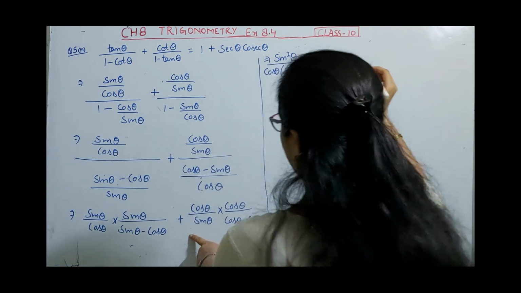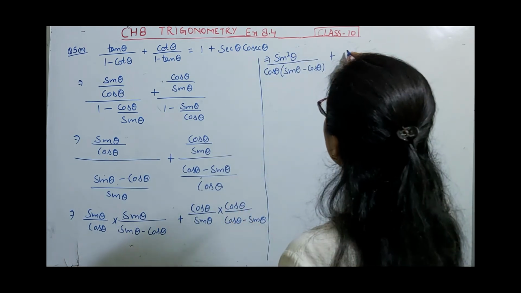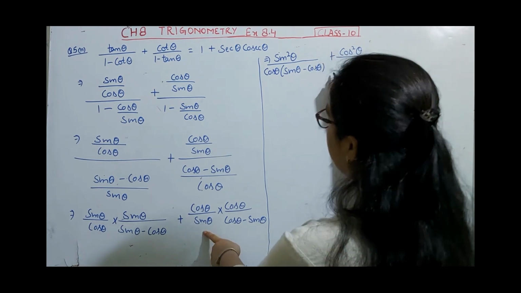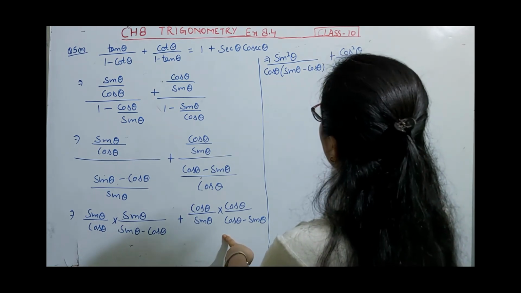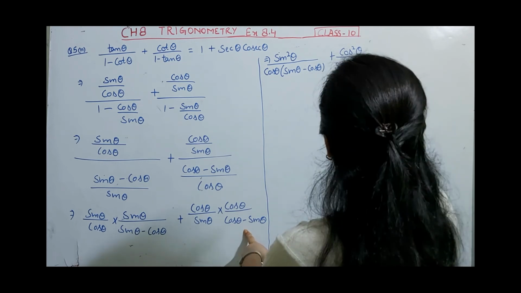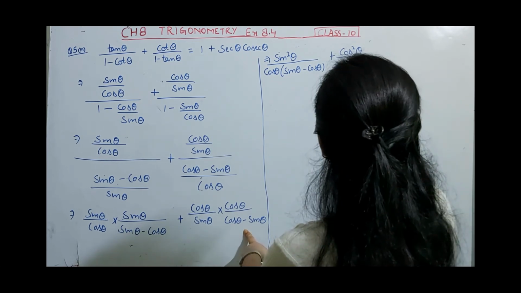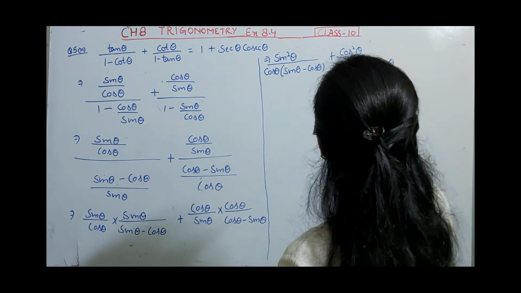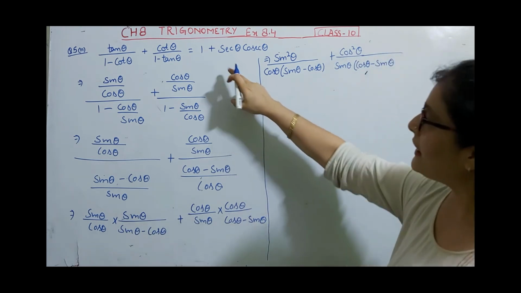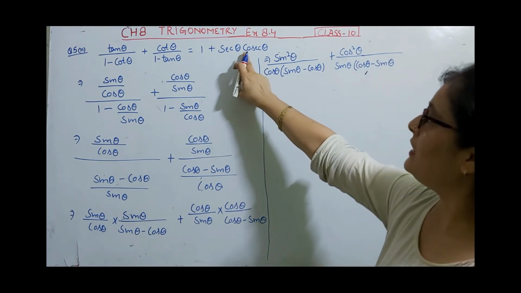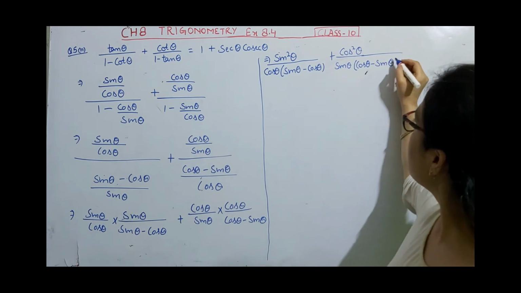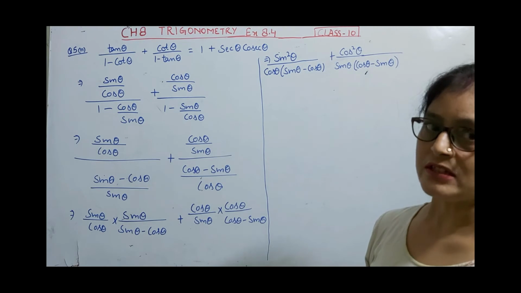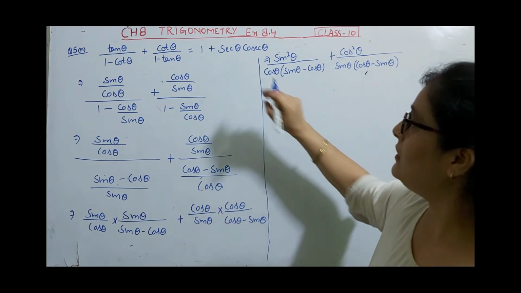Like this, it becomes cos into cos square theta over sin theta into cos theta minus sin theta. Now look at the right side. We have to make sec and cosec. So here is sin and cos theta. We can easily convert these terms into sec and cosec.